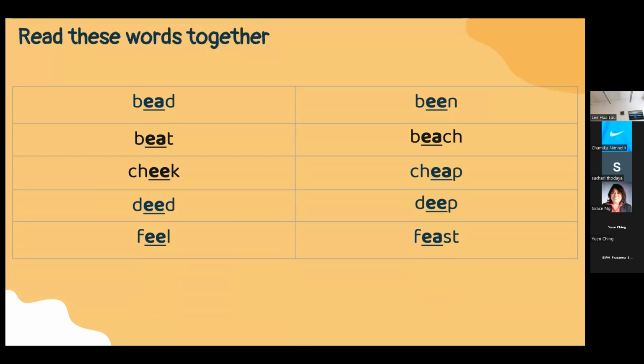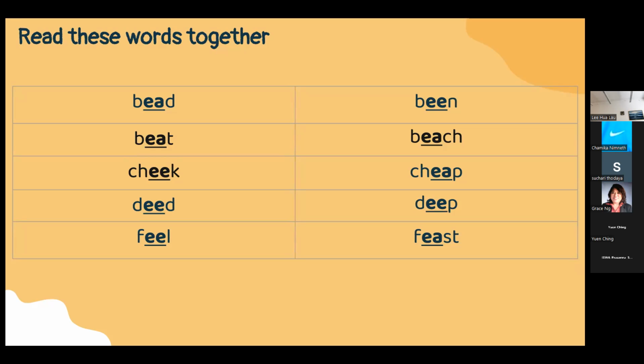Beach. And then the next one, cheek. Cheek. The next one is cheap. So it's cheap. And then the next word is deed. So you have to open your mouth and say deed.